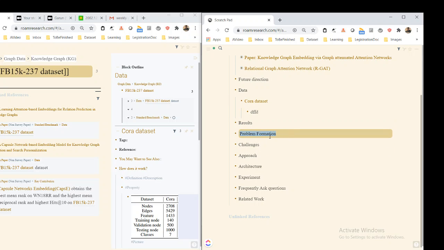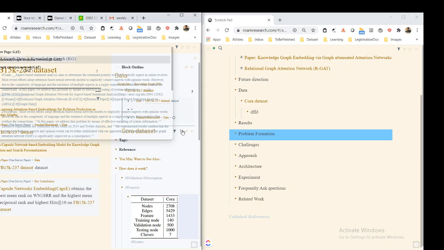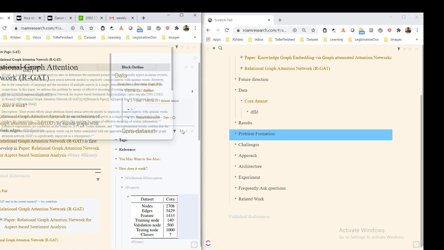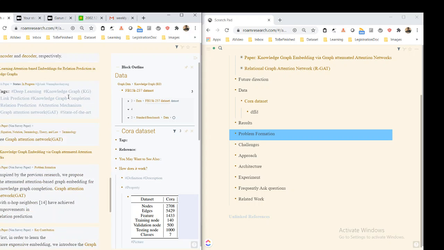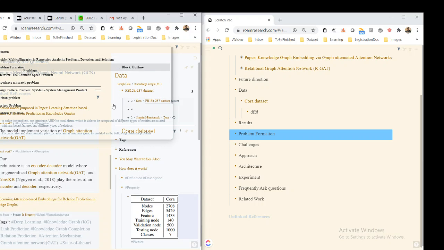But what I like here is the problem formation. I really like this. Say I want to go back to what I was looking at, GAT. What I like about this is I have problem formation.